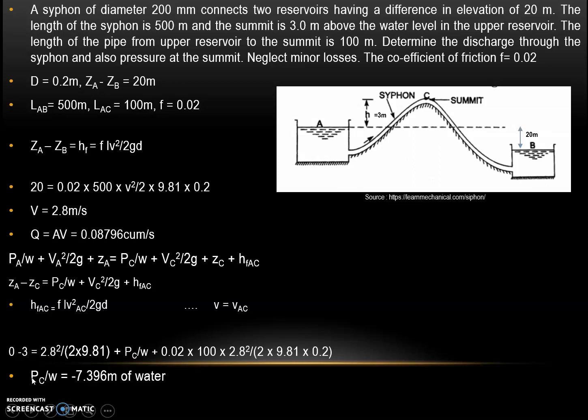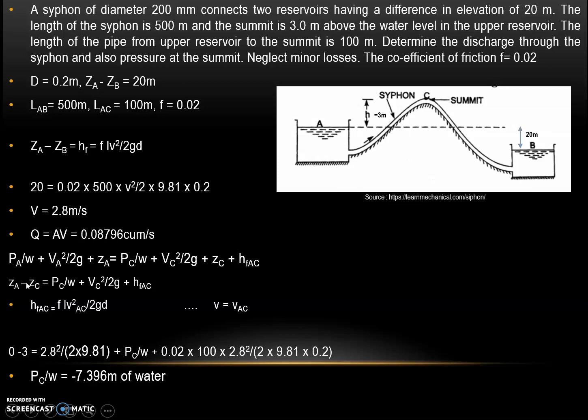Now we have to find out what is pressure at the summit, that is PC. So to find pressure at summit PC, we will apply Bernoulli's equation at point A and at point C. So head at A is PA by W plus VA square divided by 2G plus ZA equal to PC by W plus VC square divided by 2G plus ZC plus head loss due to friction in pipe, that is HF AC.